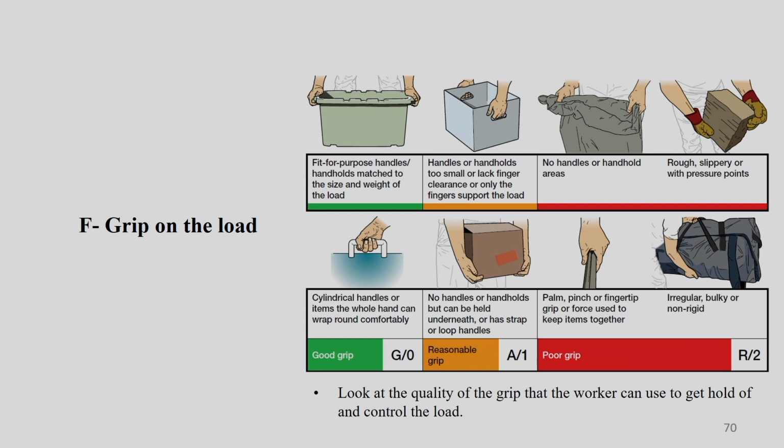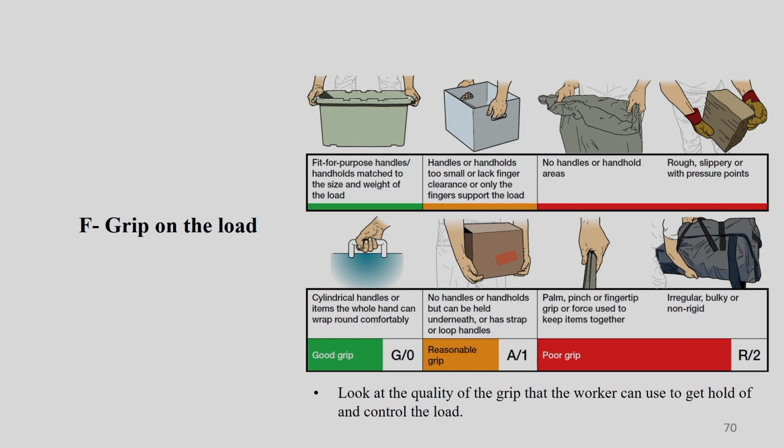Here it is too small, however it is there, it is not that it is not there, but it is small, or lacks finger clearance, or only the fingers support that particular load. In such cases it is amber. Or if you do not have any handle or handholds but the load can be held underneath, or with a strap or loop handle, in those cases you can have amber, or reasonable grip.